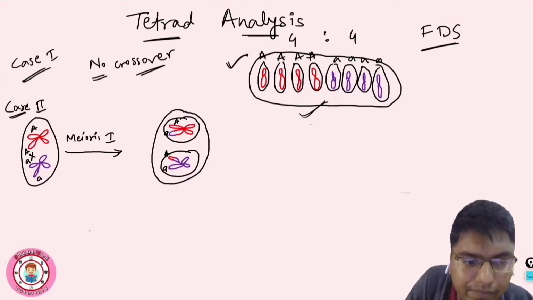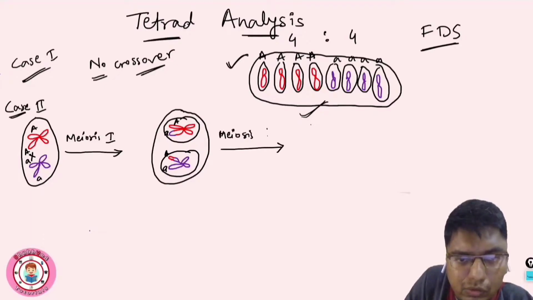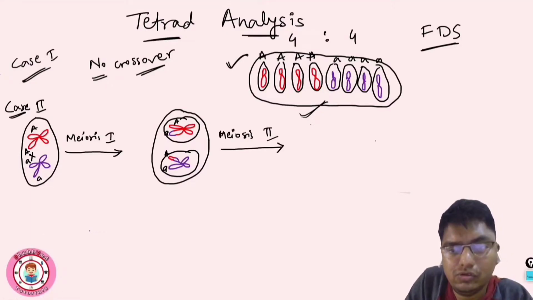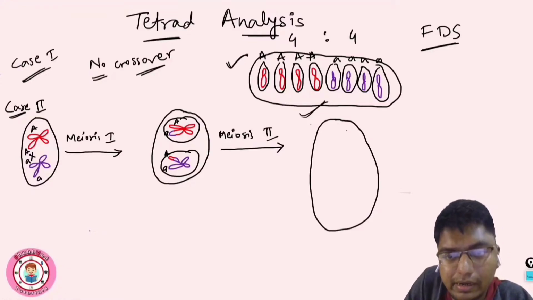Now after this there will be meiosis 2. After meiosis 2 there is a tetrad.